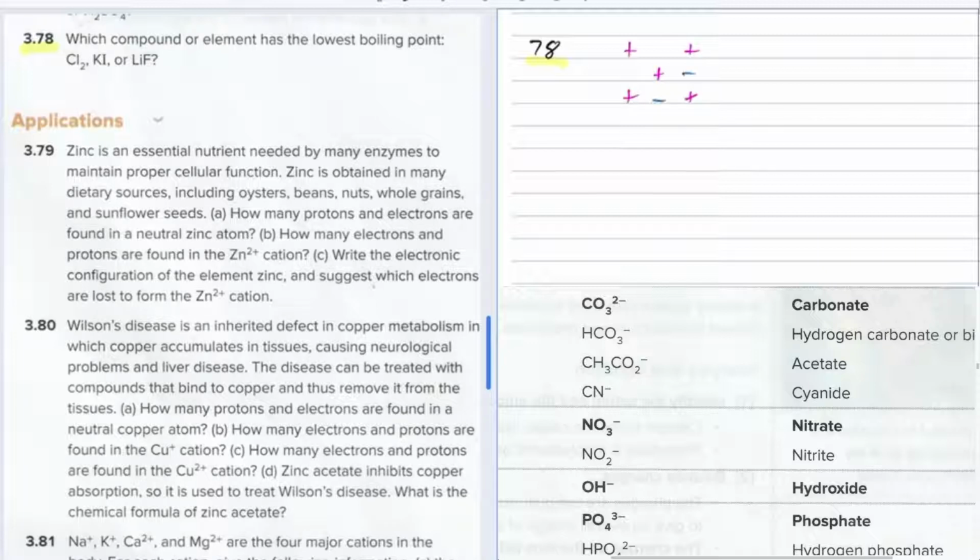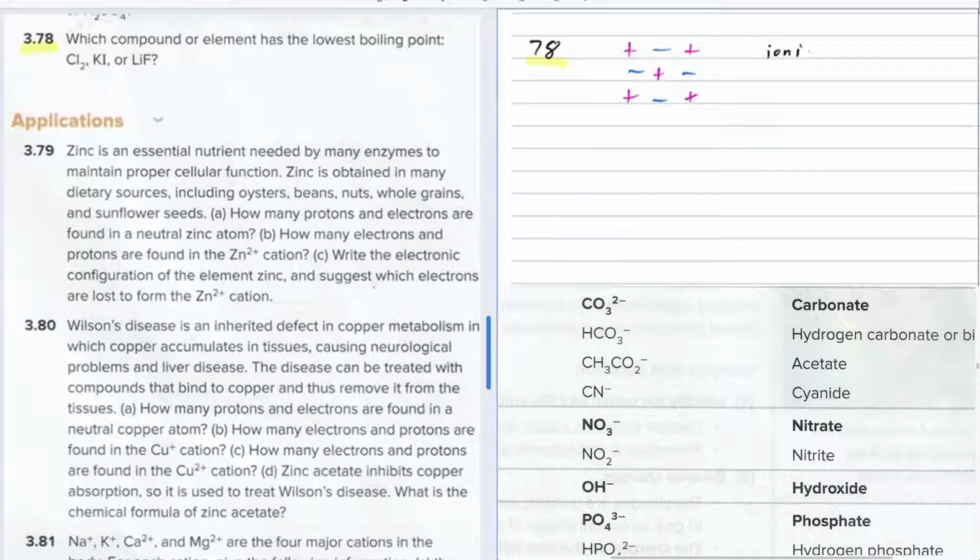Remember, a solid ionic compound is held together very strongly by all of the positive and negative ions, so it's very hard for these to just vaporize and have all of the charges separate. So the boiling points are very high for ionic compounds.